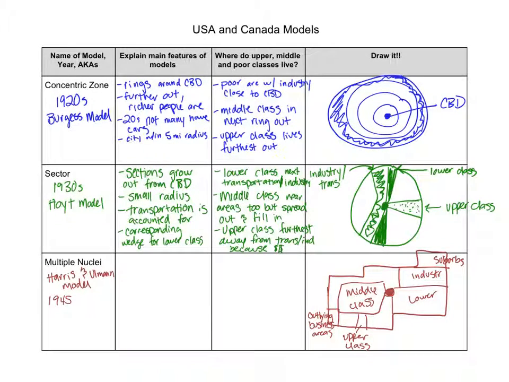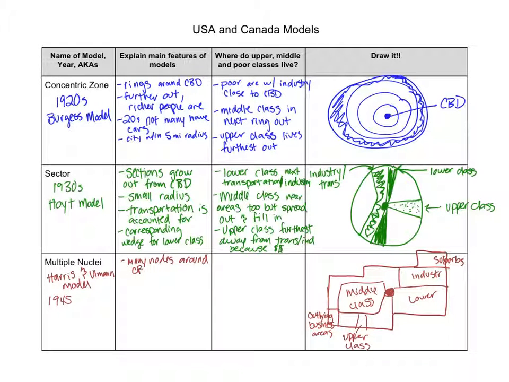So with this model, this is the first time that you really start to see suburbs. So if we're explaining this kind of model, you notice there are different sections, right? But this happens because there are many nodes around the CBD.